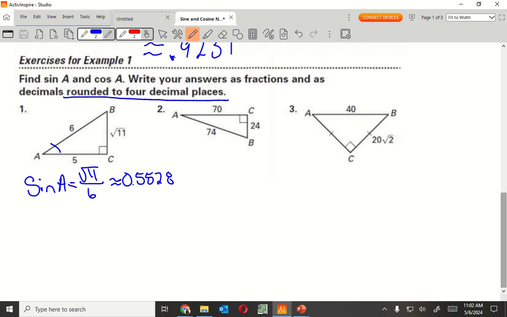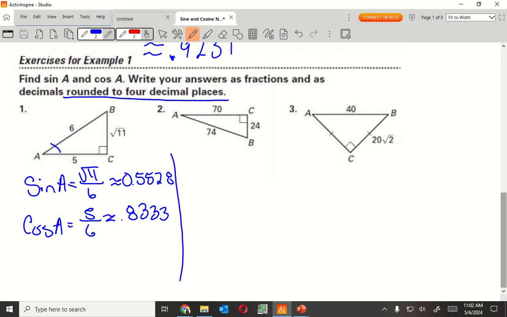Okay, the next one is going to be cosine of A is 5 over 6, which is going to be 0.8333. Yes? Keep going.